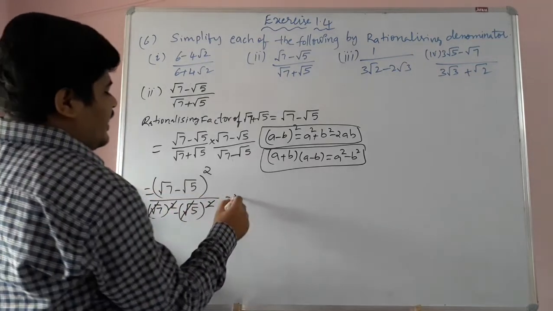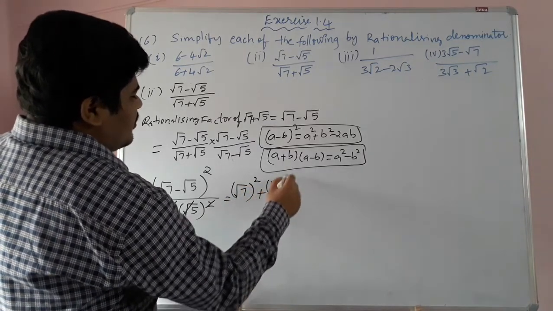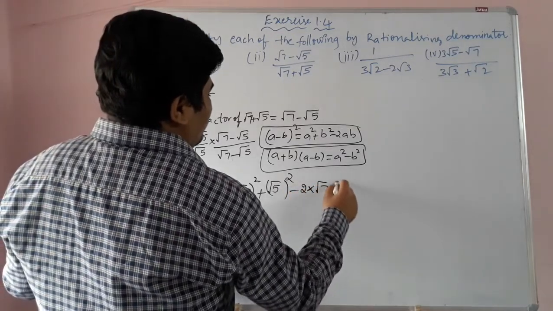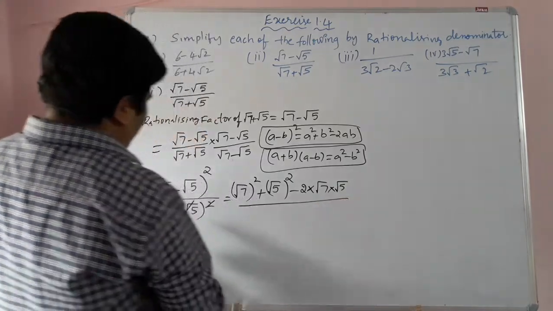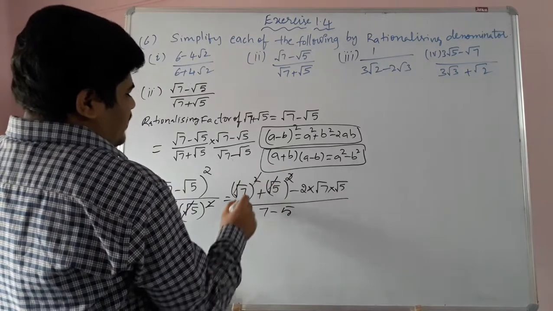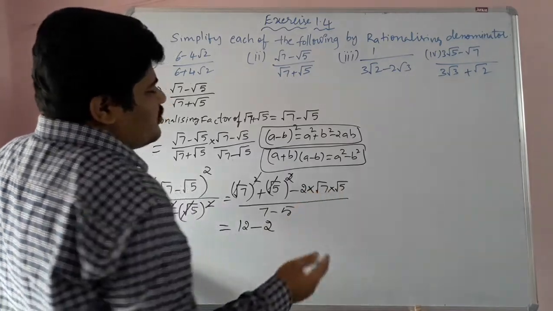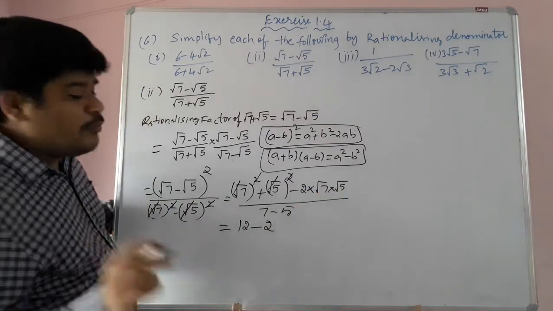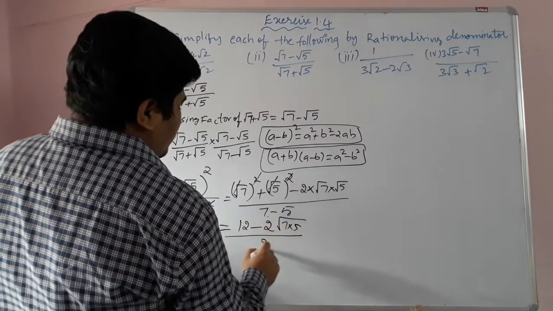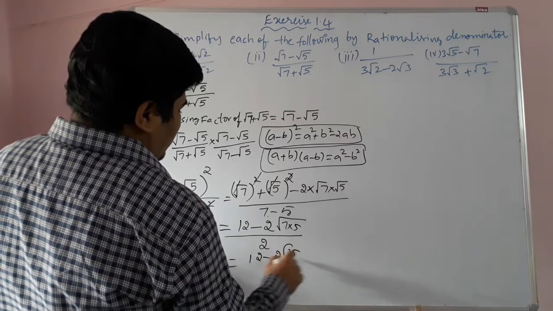So what will you get? a square means root 7 square, plus b square means root 5 square, minus 2 into root 7 into root 5, whole by 7 minus 5. Okay, so square root cancelled, 7 plus 5 is 12, minus 2 root 7 into root 5. Students, root a into root b is root of a into b. So 2 root of 7 into 5 by 7 minus 5 is 2. So 12 minus 2 root 35 by 2.